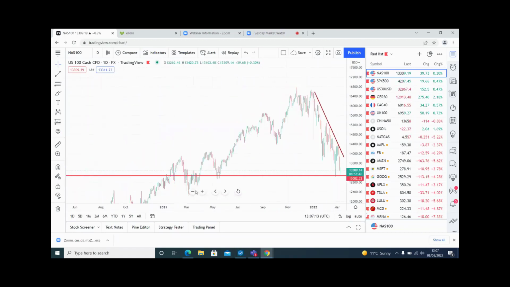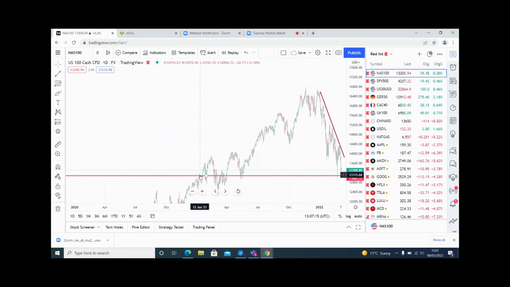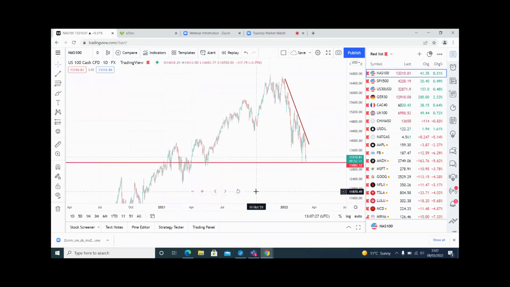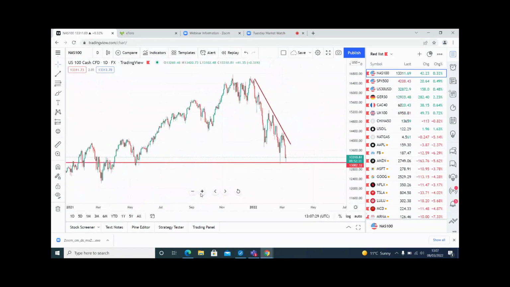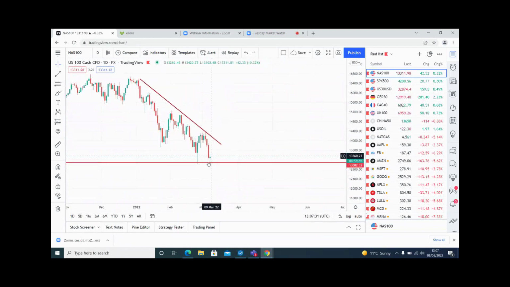So we have a little bit there, okay? If we go out a little bit further, not so much. We'd potentially have one here, but look, it's broken, broken, broken, broken, broken, and then we've had a couple of bounces. So would you class this as a strong level? Would you class this as a weak level? And do we now expect that to turn around? We have this little doji bar.